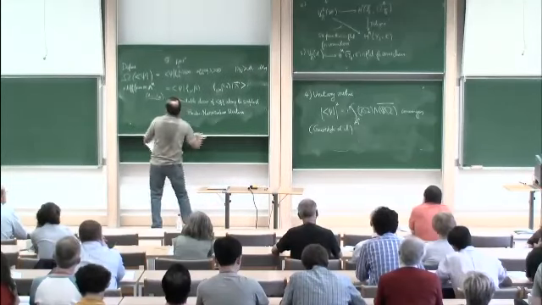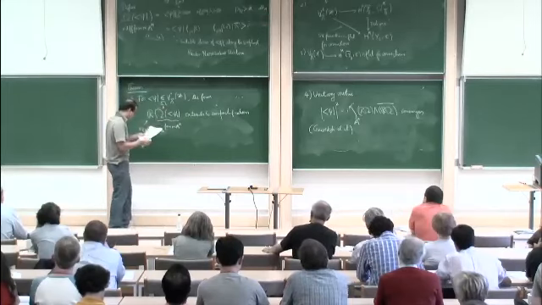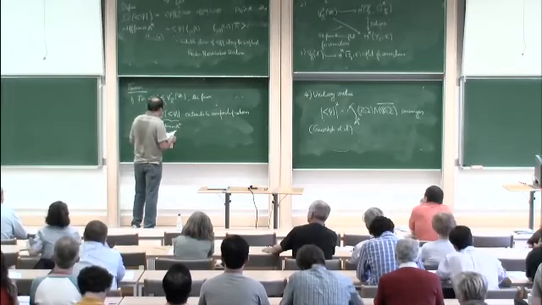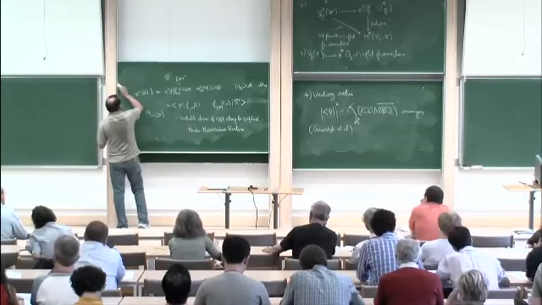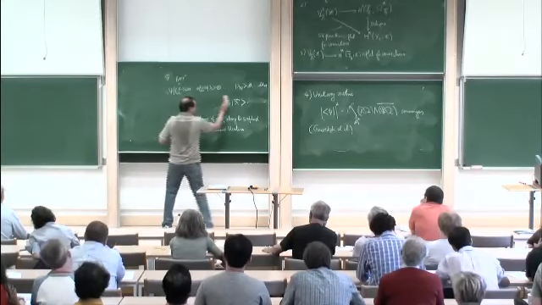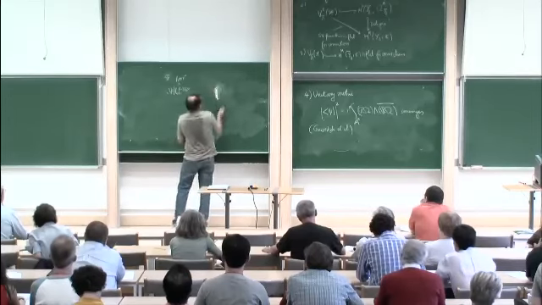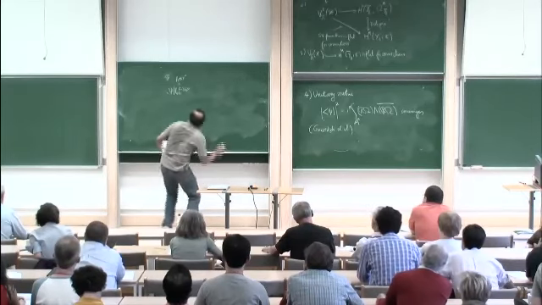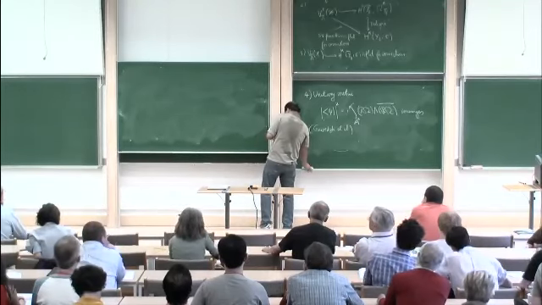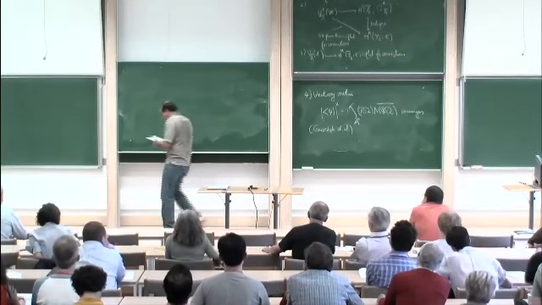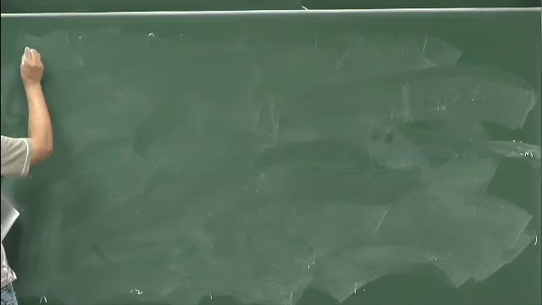So the key step is, of course, to prove a statement like this, that the form extends to the compactification, and I want to say a little bit about that.